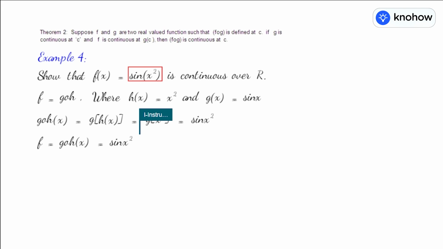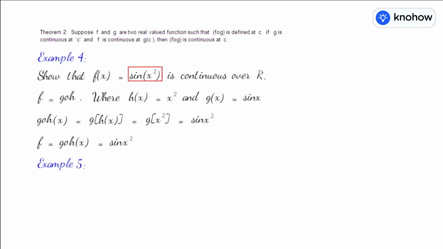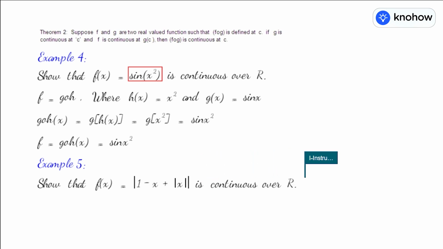Now just to support the application of continuity of composite functions, let me take one more example, call it example 5. Show that the function f defined by f(x) equals modulus of (1 minus x plus modulus x), whole modulus, is continuous over R. Again, we define h(x) equal to 1 minus x plus modulus x, which is continuous.